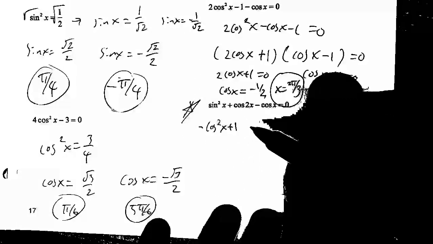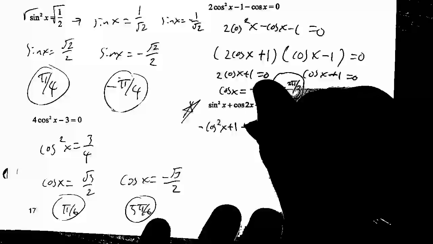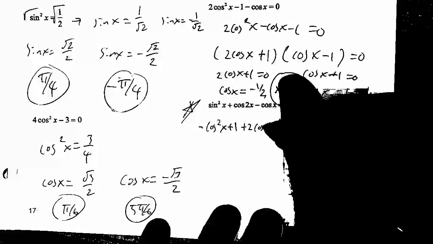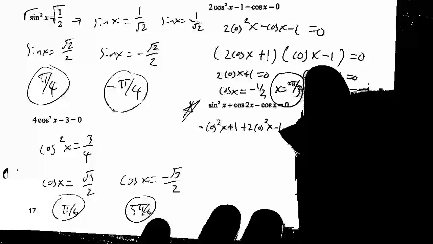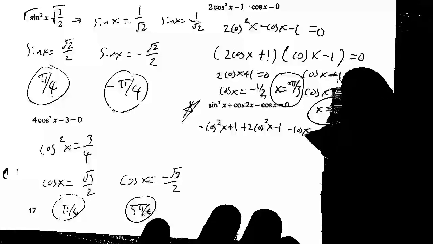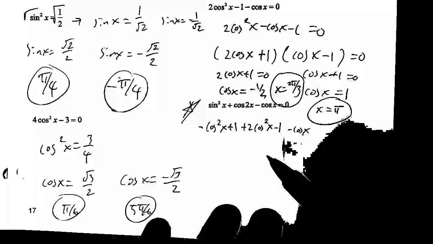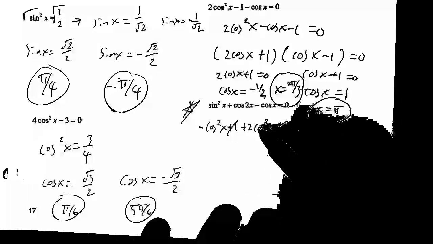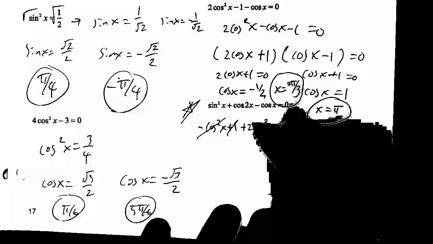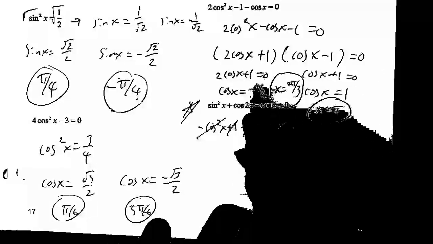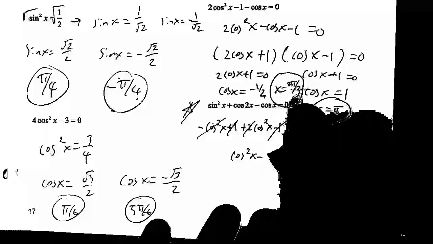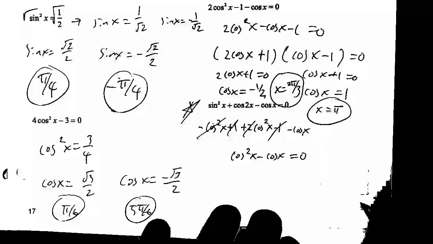And cosine 2x I can rewrite as 2 cosine squared x minus 1. And then things are going to kind of cancel. So the 1's cancel, and then this minus cosine squared x will cancel with one of those. So I'll just have cosine squared x minus cosine x equals 0.